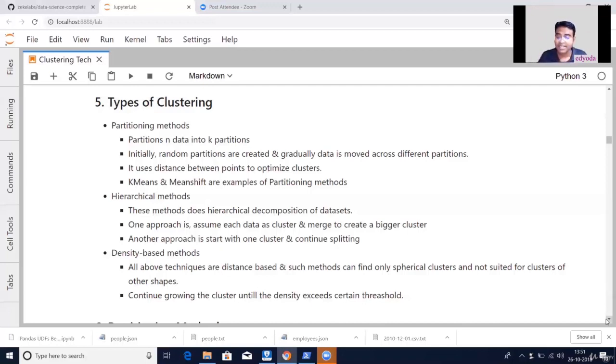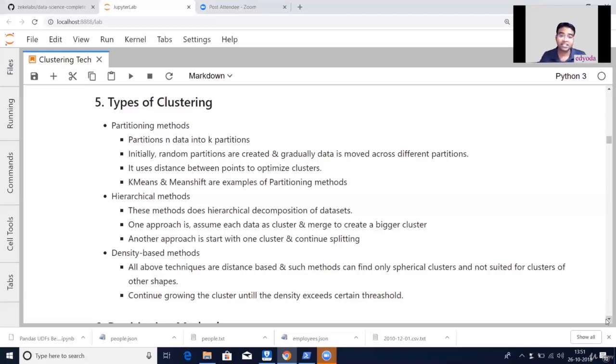The third method is density-based methods. The above two methods, partitioning and hierarchical, use distance vectors, right? So that's why the clusters formed by them are spherical in nature. That's not always the case. Sometimes you have clusters which are not spherical in nature, and that is where density-based clusters come into the picture.